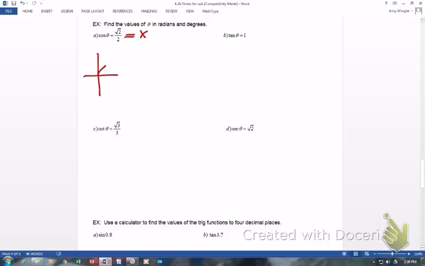Well, your x value is equal to radical 2 over 2 right here, and your x value is equal to radical 2 over 2 right here. So sometimes you're going to have more than one answer. Looking at my unit circle, those angle measurements are at pi over 4 in quadrant 1 and 7/4 pi in quadrant 4.